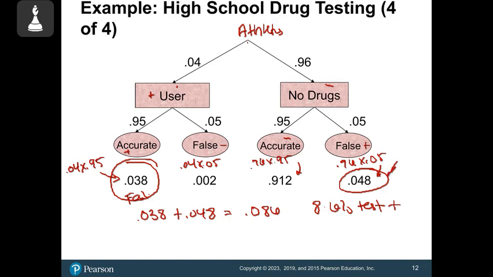So 0.048 out of 0.086 times 100 is going to give me 56% are false positives. And that is the exact same percent that we got using the estimate of working with 1,000. So it doesn't matter which one you prefer, they're both going to give us the same answer, and more than half of those that are testing positive are not true.